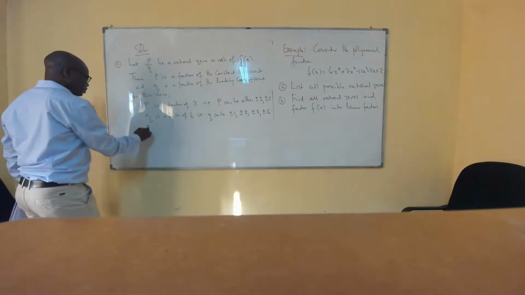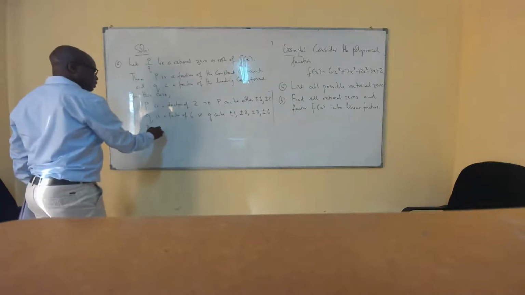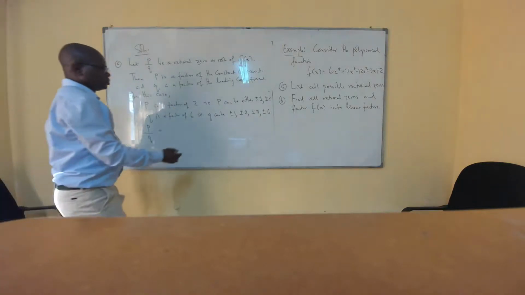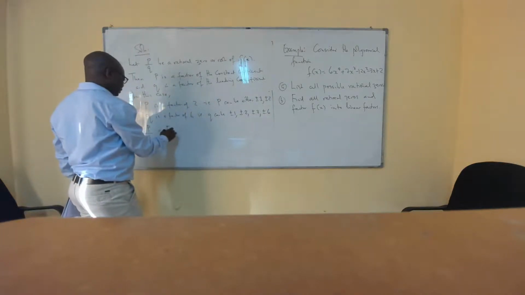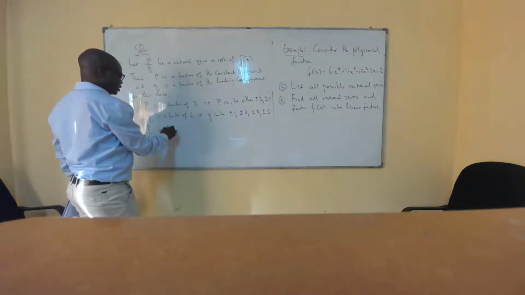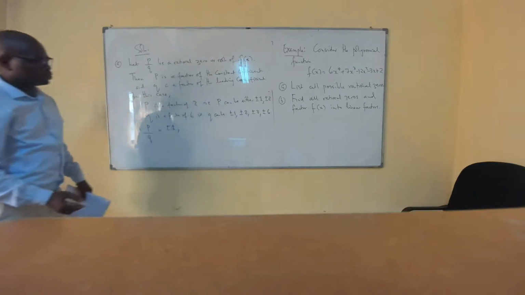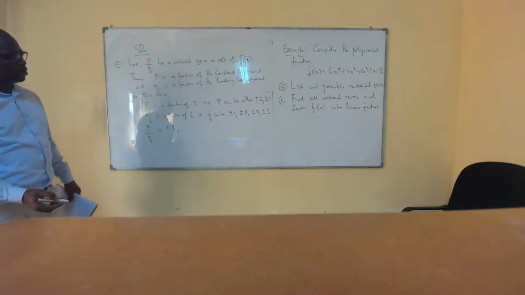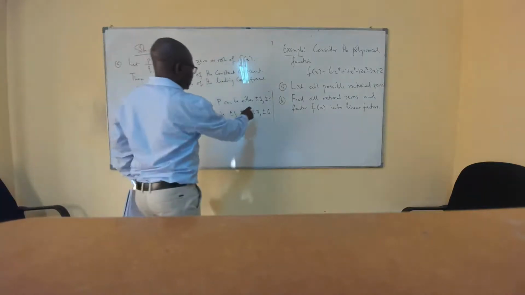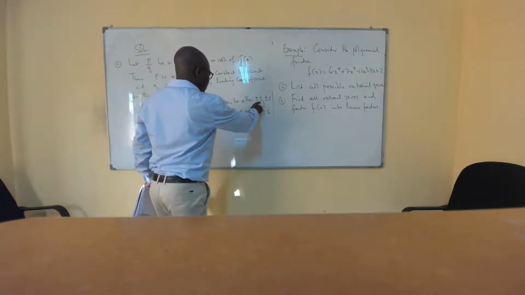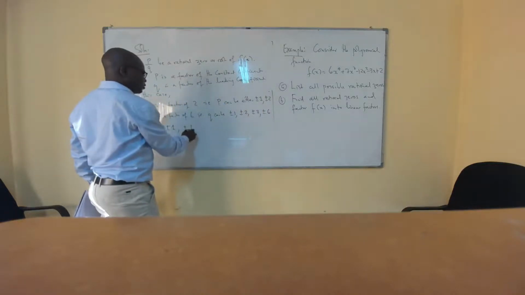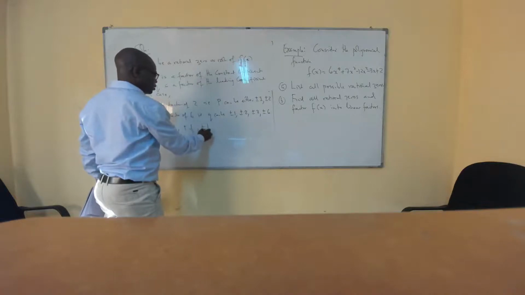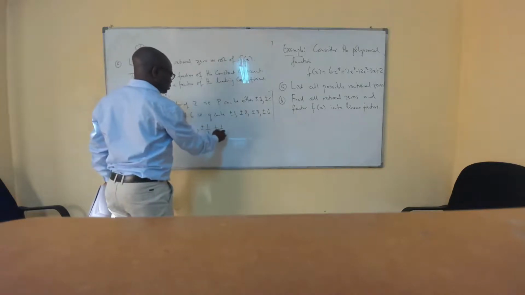Therefore, for p over q, the combinations, we can have plus or minus 1, or plus or minus 1 over 2, plus or minus 1 over 3, plus or minus 1 over 6.